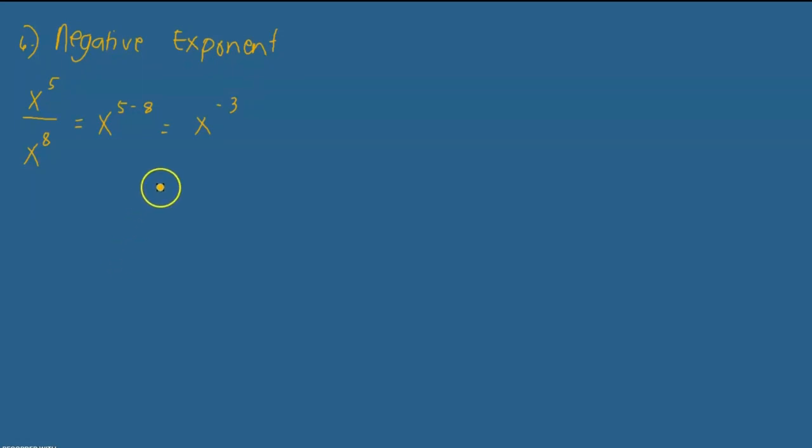So if this is x raised to negative 3, the reciprocal will be 1 over x cubed. O, nakita po ninyo? After writing the reciprocal of this one, then the negativity of the answer became positive 3. Tinanggal ko na yung pagiging negative niya after writing the reciprocal of the given.